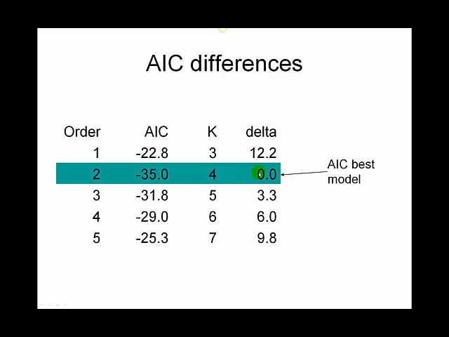Given this particular pattern, the AIC best model has a delta of 0 because it's the value of the AIC minus itself, and then each of the other ones is ranged away from that. So the second best model is 3.3 AIC units away, the third best is 6 units away, and so on.